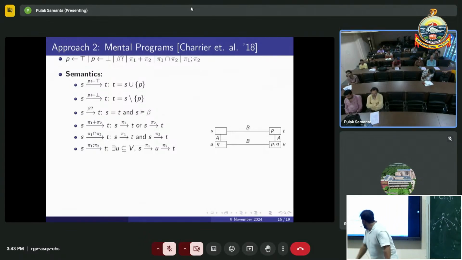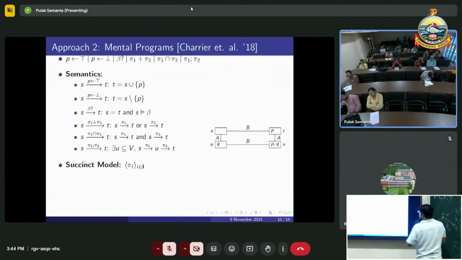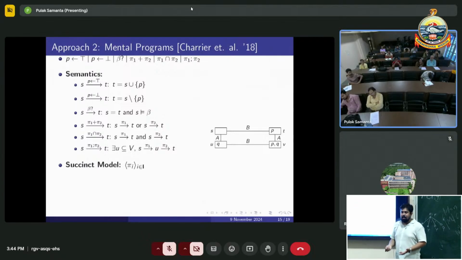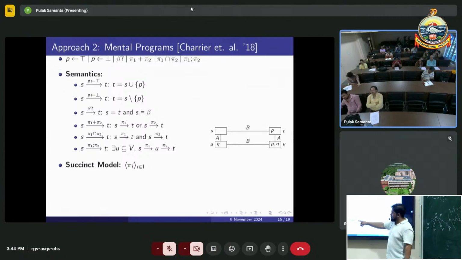Okay, now what is the succinct model? Remember what a Kripke model is. The Kripke model is a relational structure, and these pis are able to encode any kind of relation that you can imagine, because pis are relations among the subsets of V. So for each agent, you just give a mental program.